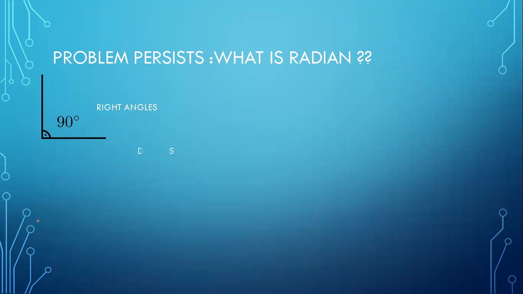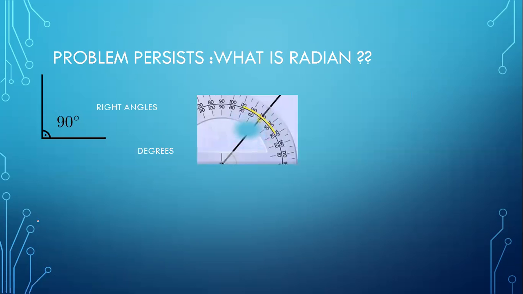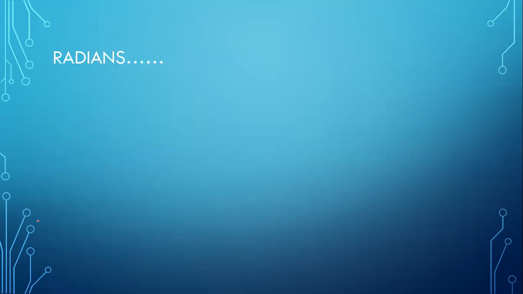Then came up the second unit of measurement of angles, which we said were degrees. So what they did, they divided one right angle into 90 equal parts. Post that came the sexagesimal system, where each and everything was divided into 100 such equal divisions. Now comes what we call a radian, which is a circular kind of measure.